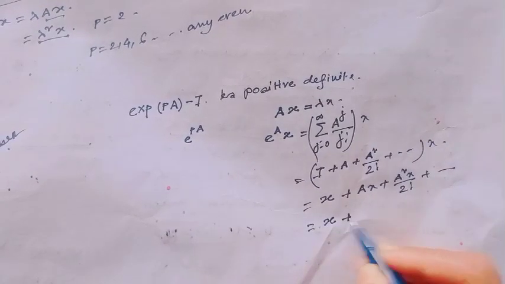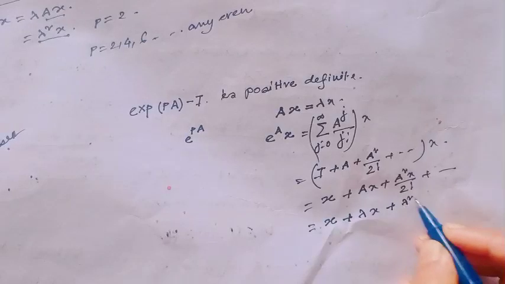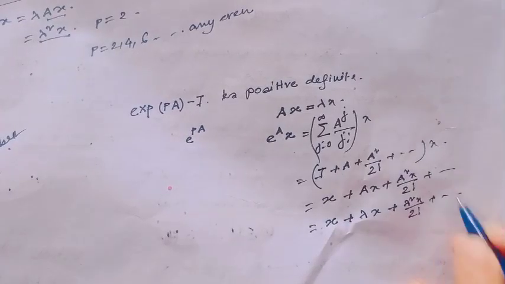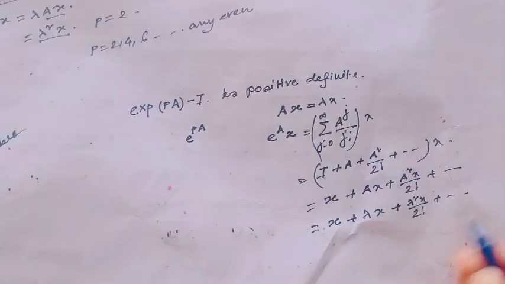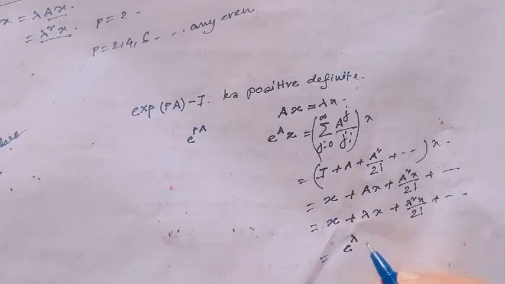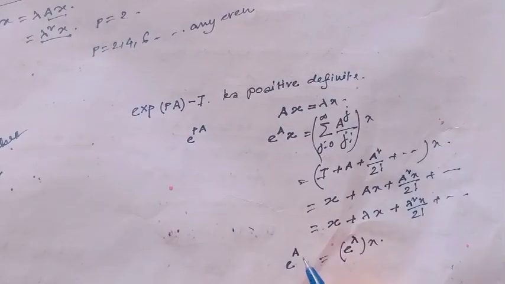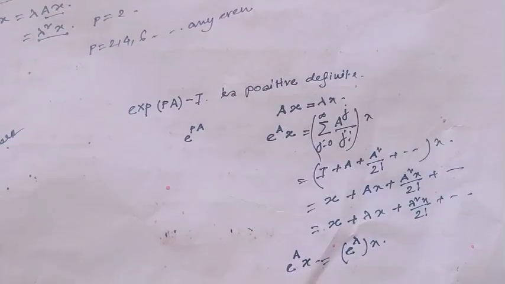Here x plus Ax means x plus lambda x, and A square x means lambda square x over 2 factorial, and so on. This expression means e to the power lambda times x. So, e to the power A x equals e to the power lambda x.